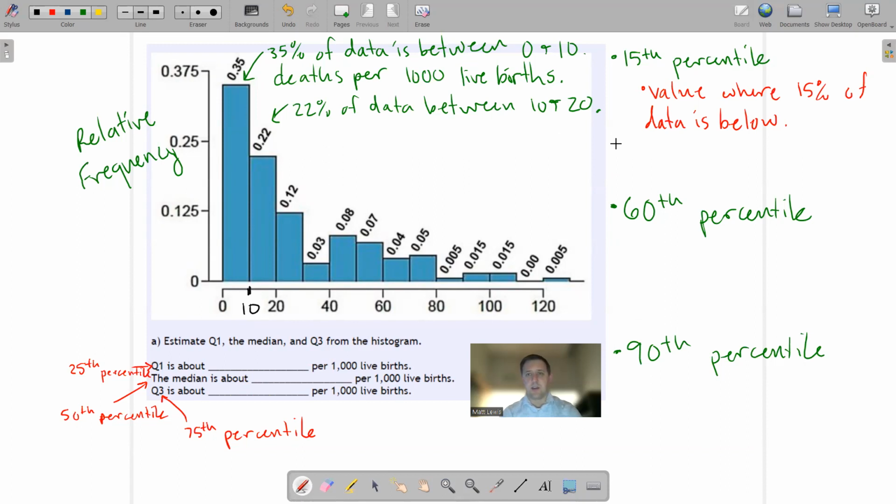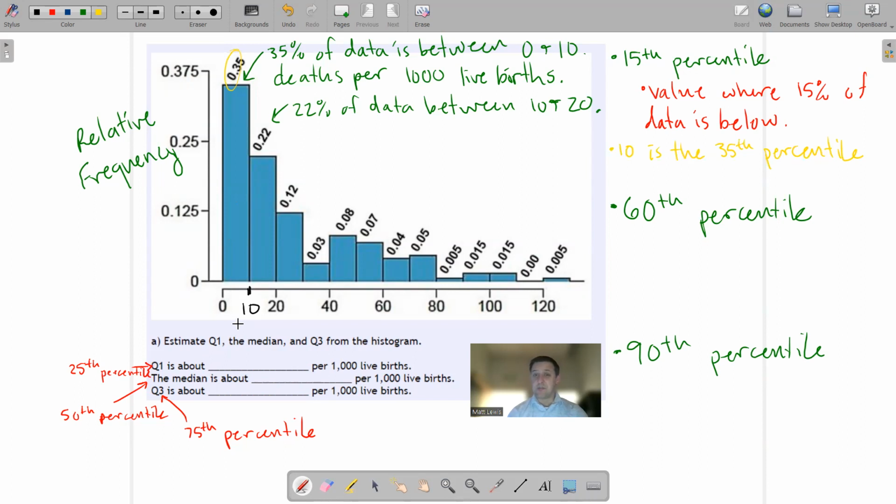I can say that 10, the variable value 10, is the 35th percentile. Okay, 10 is the 35th percentile, because clearly if I look at a value of 10, 35% of the data falls below 10.